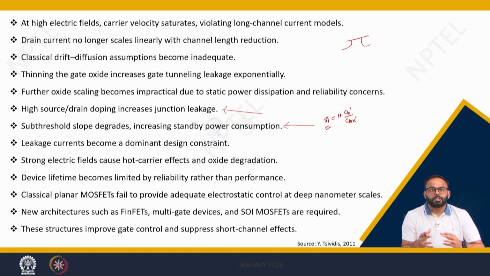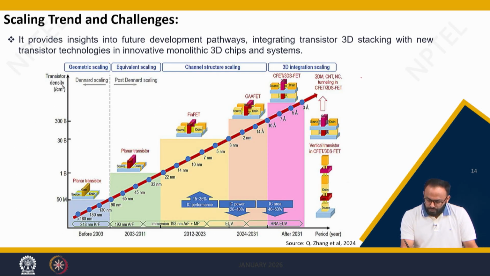Similarly, when you go for shorter devices, the electric field will increase, which causes hot carrier effect. The shrinkage of the device dimensions like width causes charge sharing effect. Similarly, it causes DIBL, CLM, etc. So, we need to plan for some non-planar devices, right, or some modern techniques with which we can scale our basic planar MOSFETs. This picture will give you a complete idea of how the scaling proceeds.